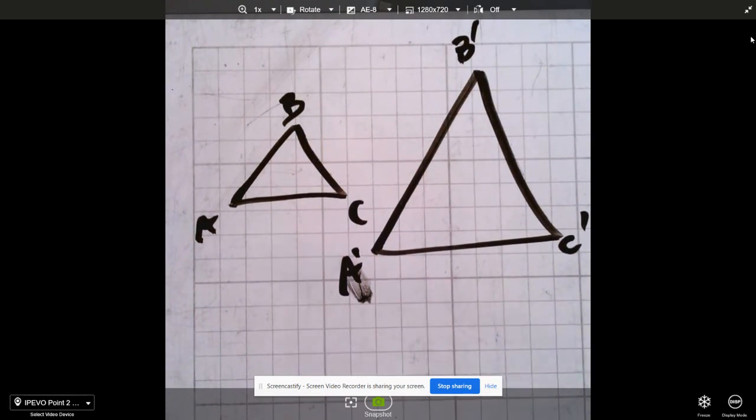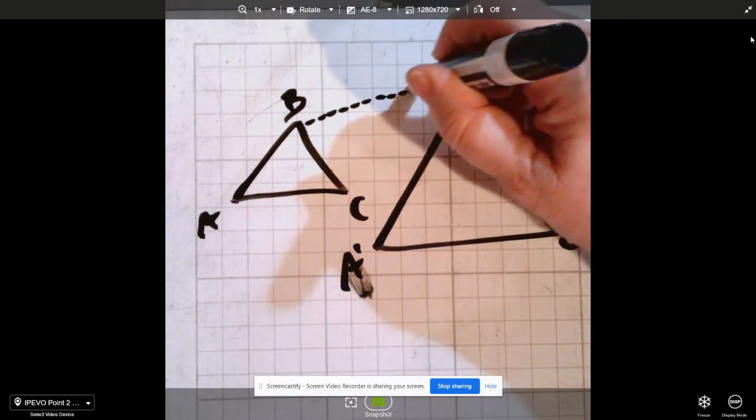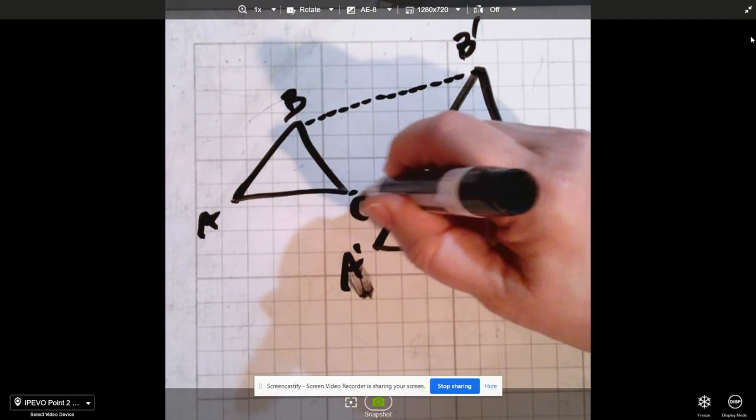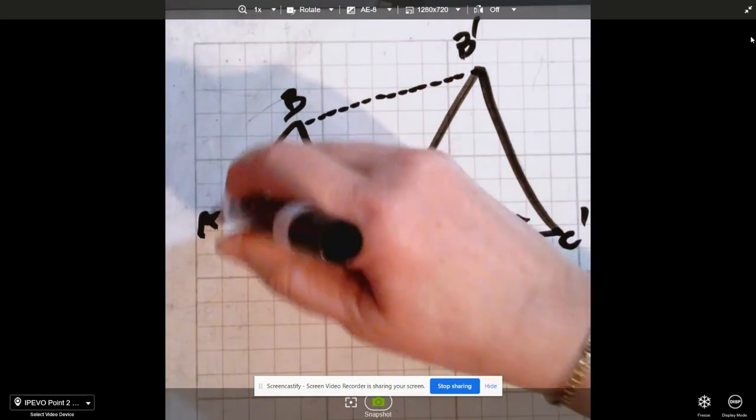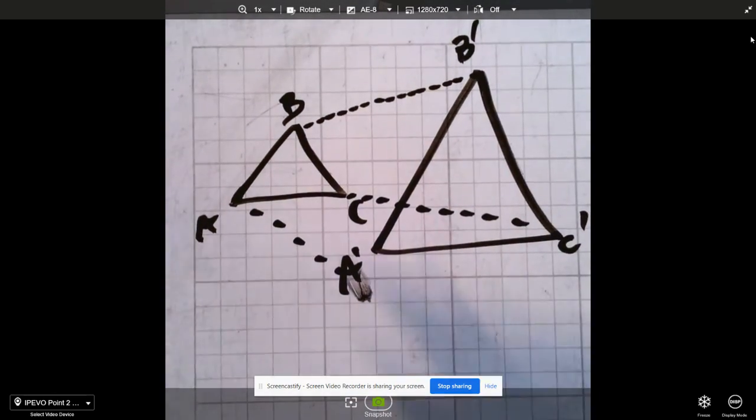Now, another way you can do this is sometimes they'll draw little dotted lines from B to B prime and from C to C prime and from A to A prime, and they'll give you the lengths of those segments.